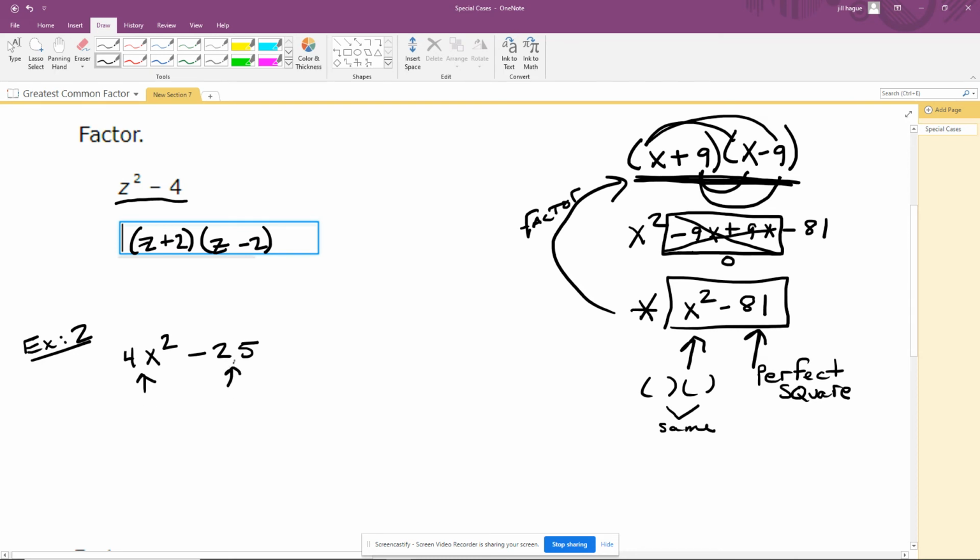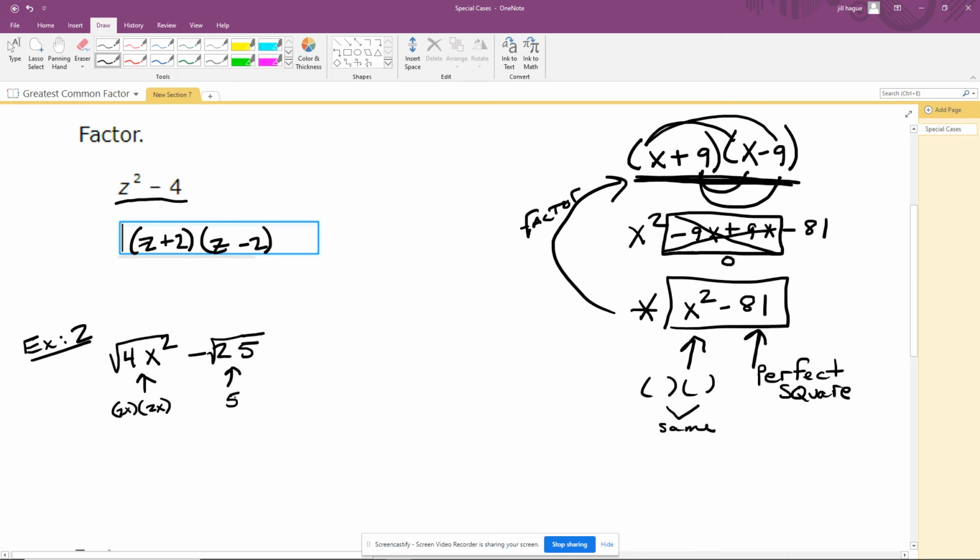Well, we know this is a perfect square, right? The square root of it is 5. And what times what, which is the same thing, would equal 4x squared? 2x and 2x.